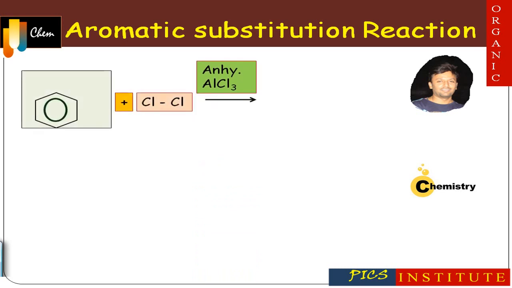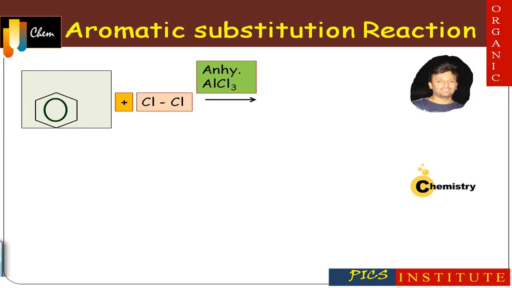Let's understand the reaction between benzene and halogen, that is chlorine, in presence of anhydrous AlCl3. Instead of anhydrous AlCl3, we can take anhydrous FeCl3.